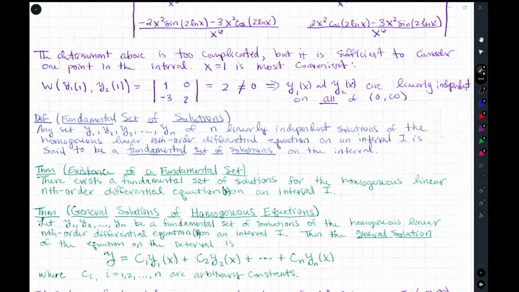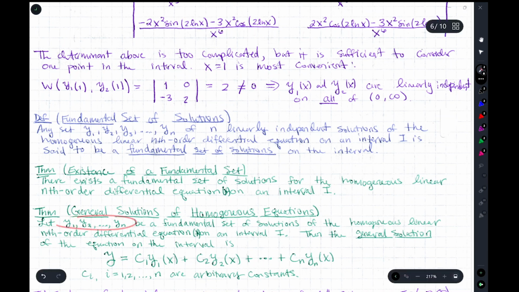Okay, sure, we might have to fix the parameters for a specific solution, but we found every possible solution. We know we could fix the parameters and get to it. In other words, there aren't any singular solutions, okay? And so this is why this theorem is so important.